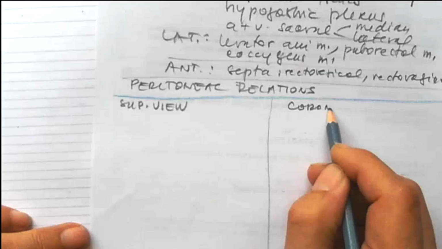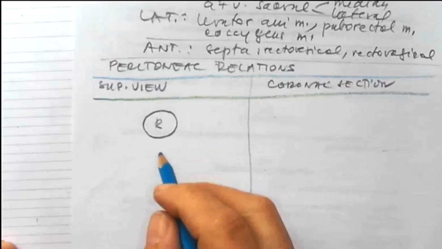Look, when we see the rectum from above, this is the rectum, R, and we remember that the rectum is covered by the visceral peritoneum, correct? And also dorsally, posteriorly, there is the attachment to the posterior wall.